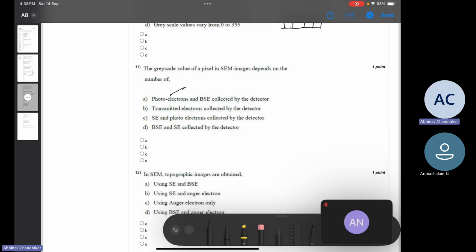These photoelectrons are generated within the detector as a part of the detection process. So they should not have any role to play on the grayscale value of the final image that is formed. These are just an intermediary thing. And we know that the grayscale value depends on the intensity of the electrons which are reaching the detector, that is the number of electrons reaching. So the correct answer is D, BSE and SE.